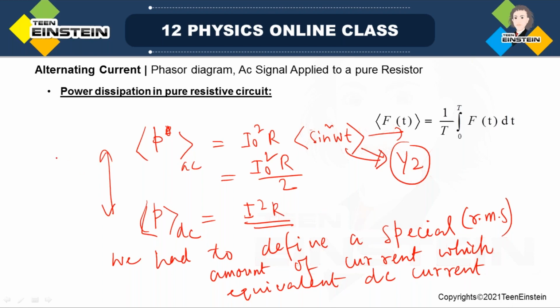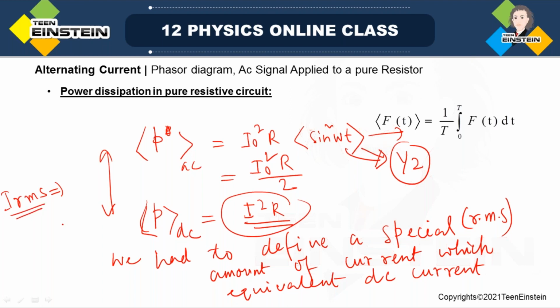So what does this mean? RMS current, I RMS, is such that it will produce a power dissipation same as my DC gives.